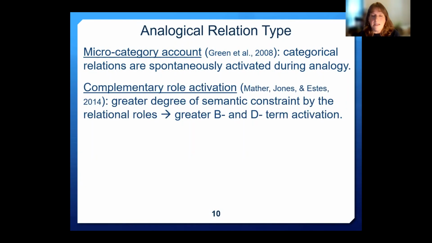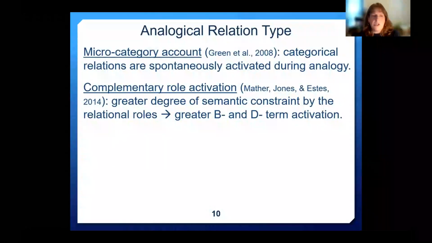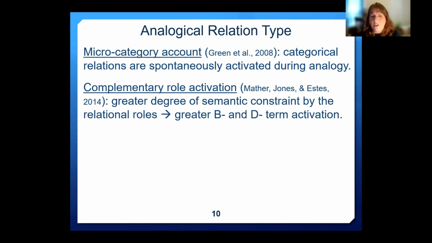And then related to my research on integrative priming, we came up with the complementary role activation theory, which argues that there's varying degrees of semantic constraints by the relational roles. So the relational roles were things like cause, material, or member, category member.